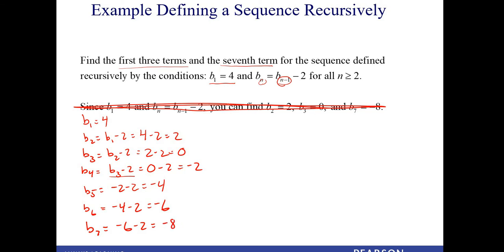So it asks us for B sub 1, 2, 3, 4, and then the 7th term, but you notice that in order to get to the 7th term, I also have to find the 5th and the 6th. With a sequence that is defined recursively, I always have to know the term before to find the next term in the sequence.